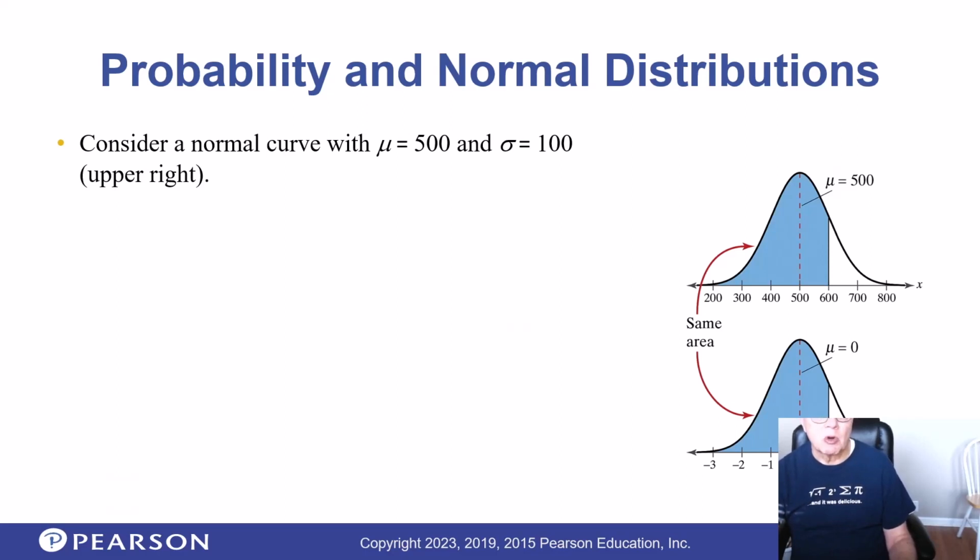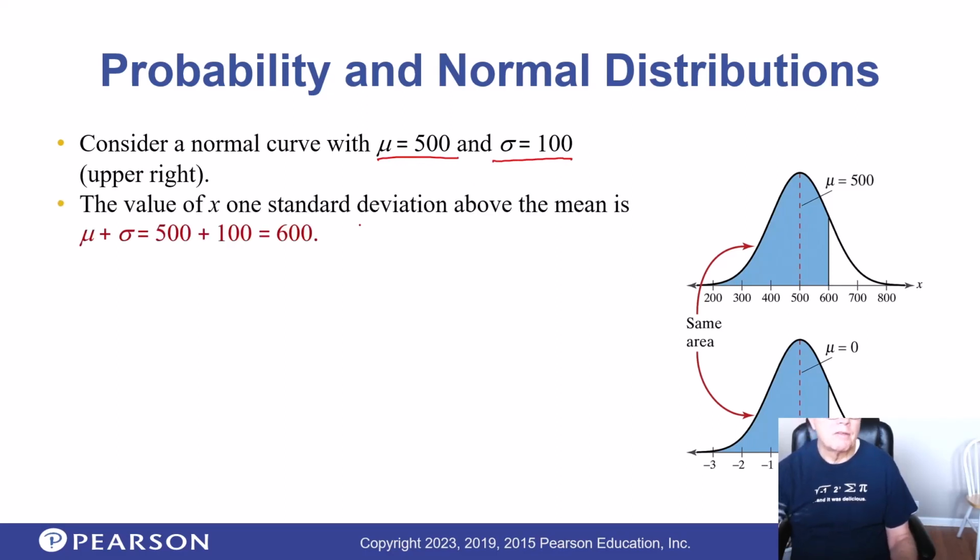Let's suppose we do have that normal curve with a mean of 500 and standard deviation of 100. Find the value of X, 1 standard deviation above the mean. Well, here's your formula. If you want X, just take the mean, add the standard deviation, and you've got your X score. Now this really corresponds to Z equals X minus mu over standard deviation.